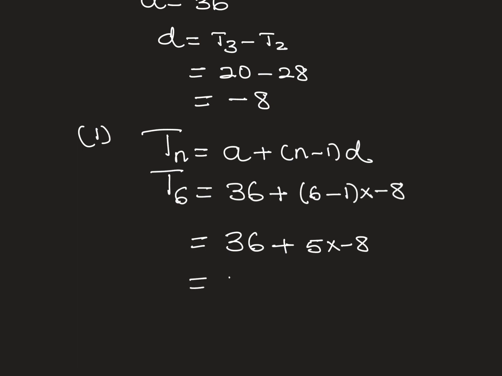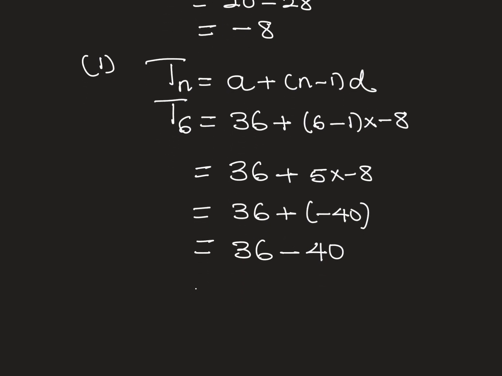So that will be 36 plus 5 times minus 8, which is minus 40. So 36 minus 40 is minus 4. That will be the sixth term of this sequence.